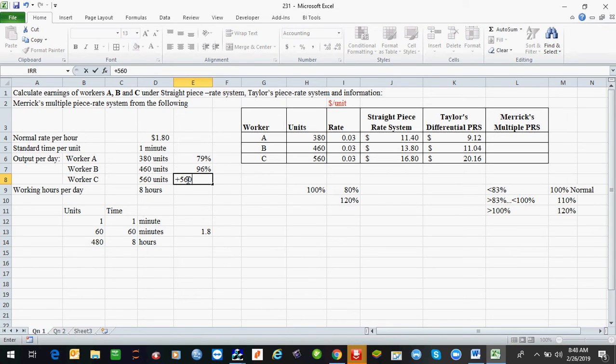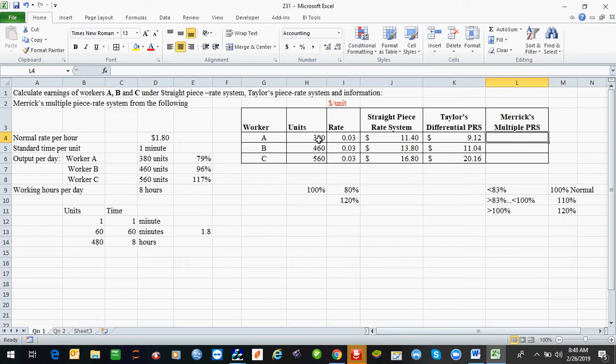Then C, 560 divided by 480, which is greater than 100%, which is 117%.